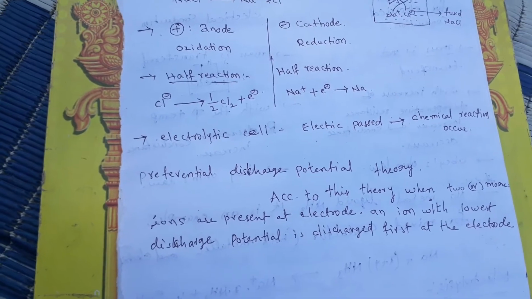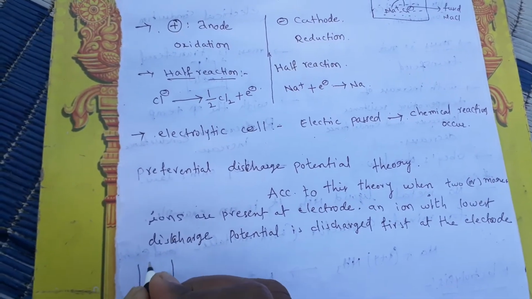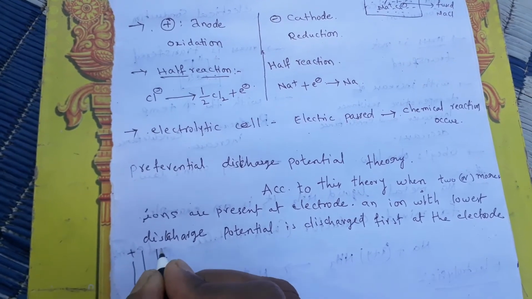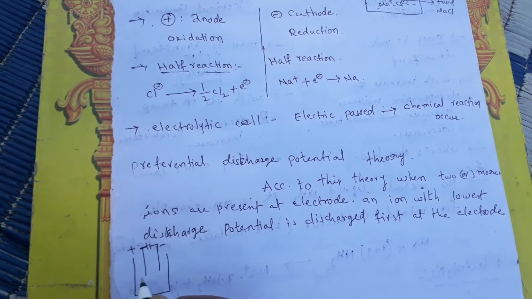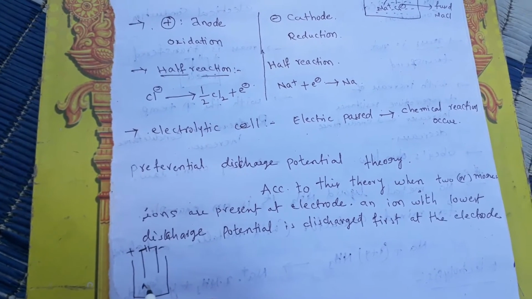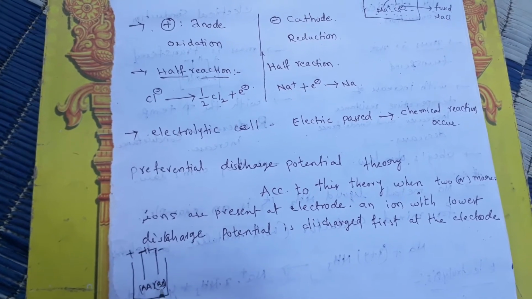So what is the meaning of that? If I have two electrodes, one positive and one negative, when we pass some electrical energy, the cations and anions of two different ions will be present here.